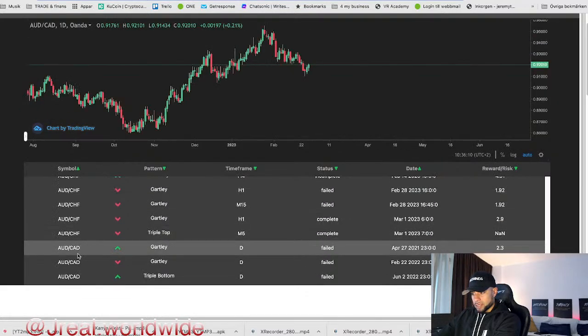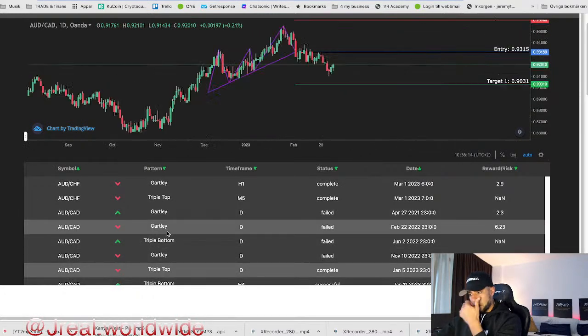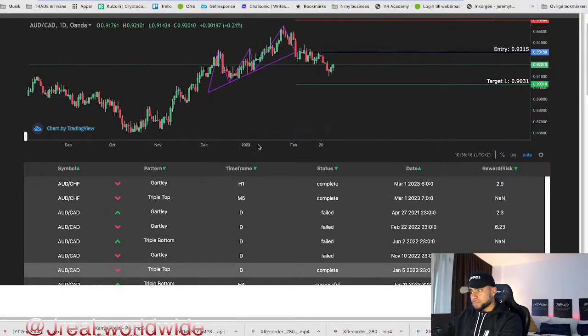Let's see if we can get some confluence here. Yeah, it's also pointing at a sell, but it's much higher. It's a whole different trade.